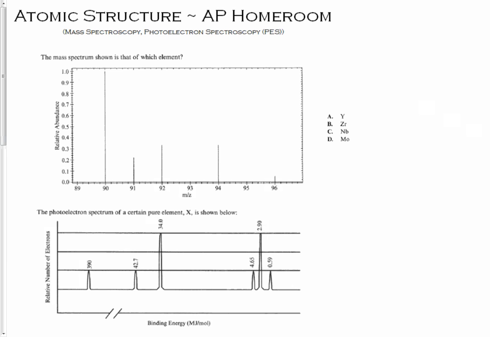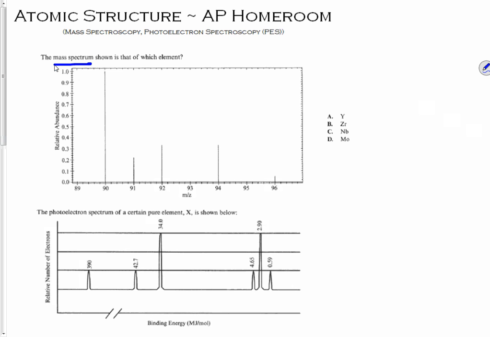You had a multiple choice question like this about a week ago that you had to submit. But this is a mass spectrum. So it's all based on mass. You have all these different peaks.